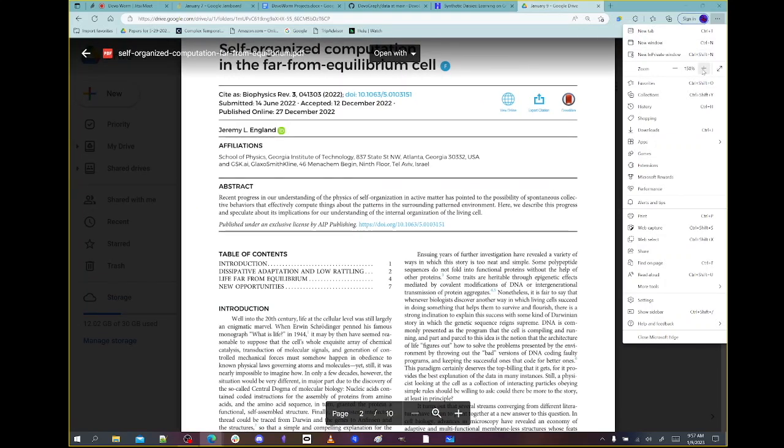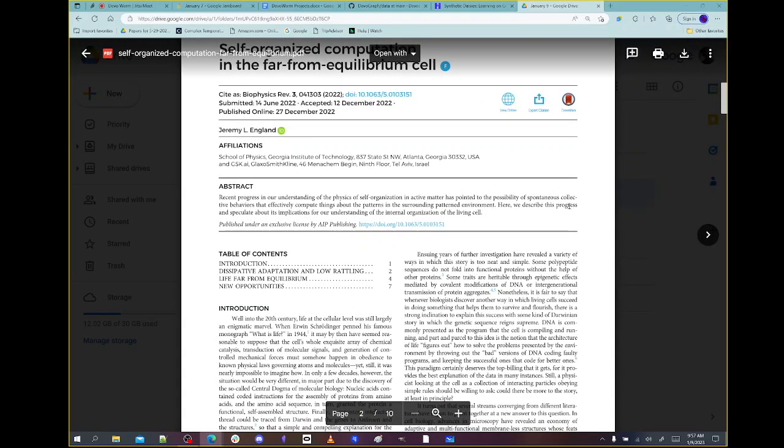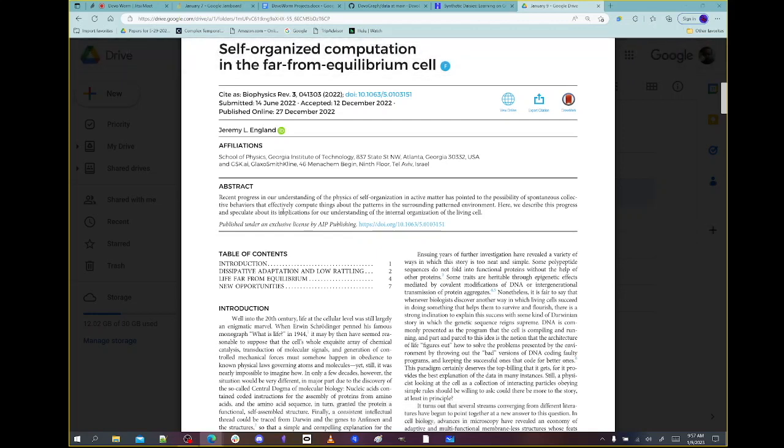Let me zoom in here. Here we describe this process and speculate about its implications for our understanding of the internal organization of a living cell. So this is a pretty broad, general abstract, but basically he's interested in the self-organization of active matter. It's generating these spontaneous collective behaviors. They compute things about patterns in the environment.